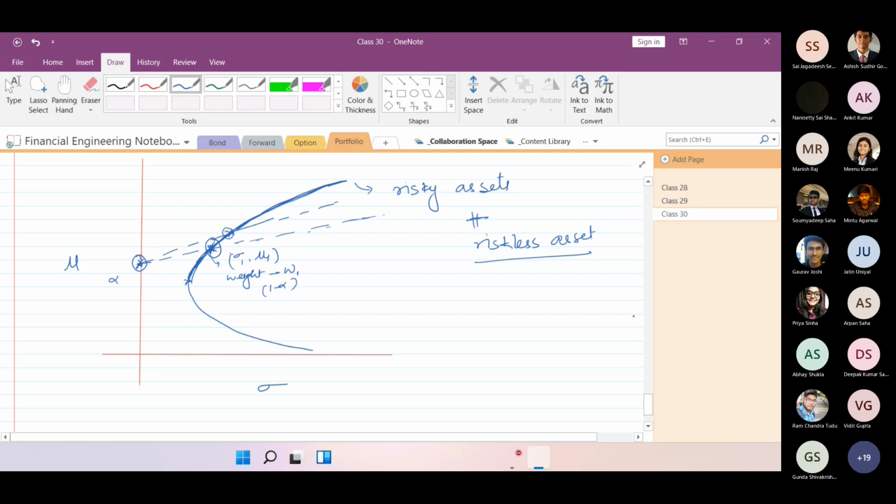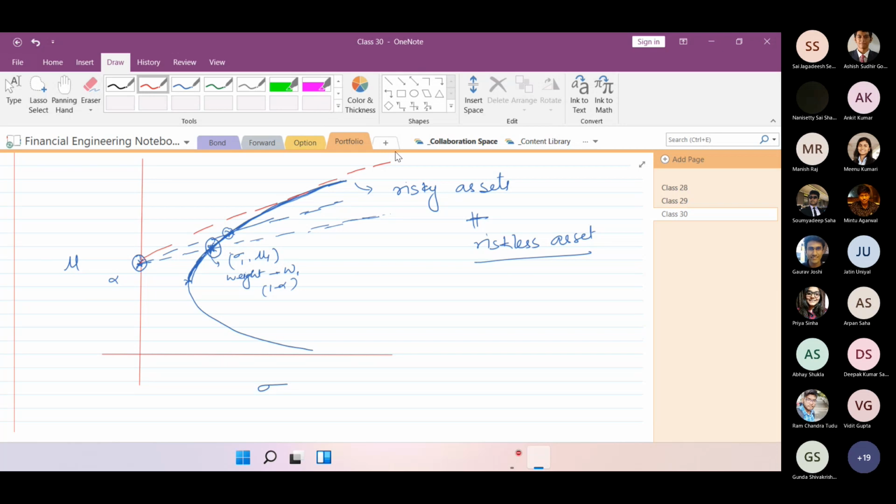Now, which of these lines would give me the highest possible return for a particular risk if I combine both risky and riskless assets? That line has to be tangent.